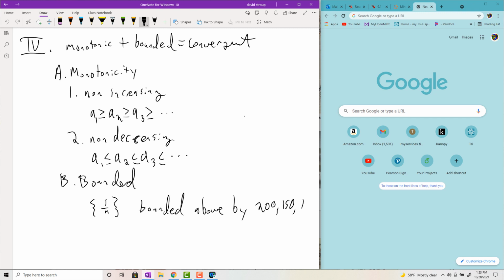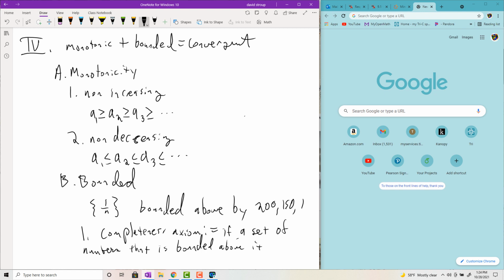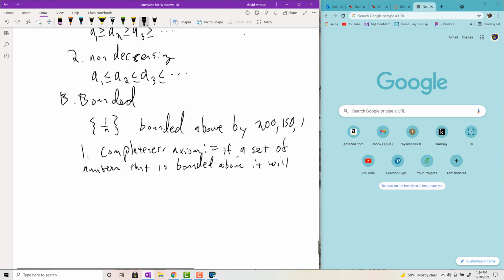Okay, so with regards to boundedness, there is this issue of the completeness axiom, which is kind of a high-powered theorem, and it basically says if you have a set of numbers, like a sequence, that is bounded above, it will have what's called a least upper bound.